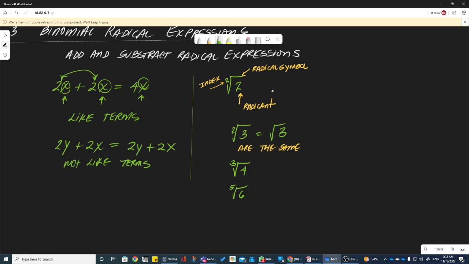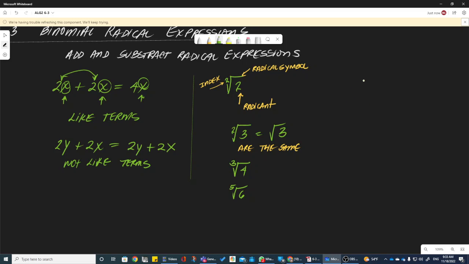So, two radical terms are like when they are exactly the same in the sense that they have the same number inside and the same number outside.